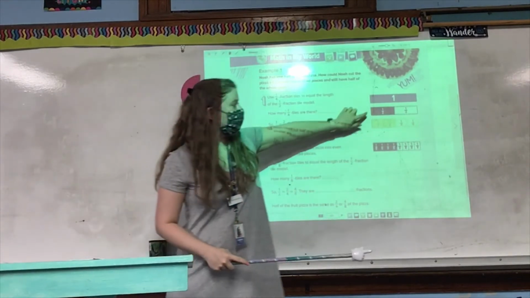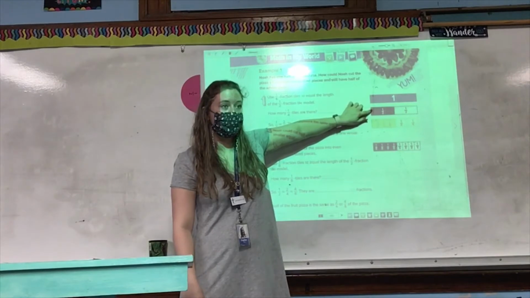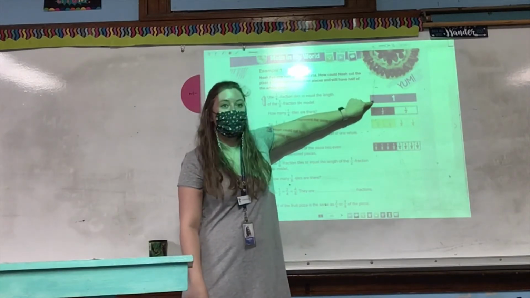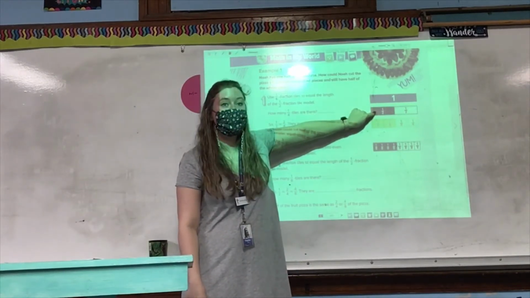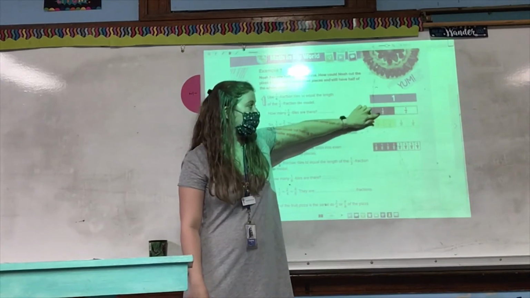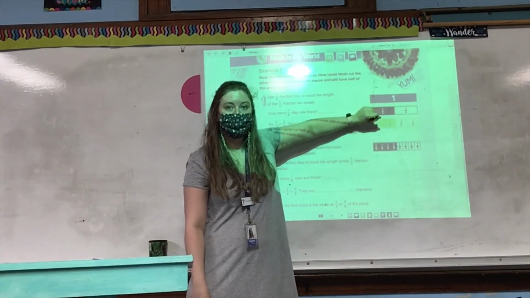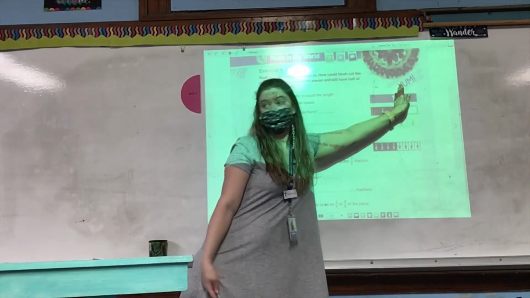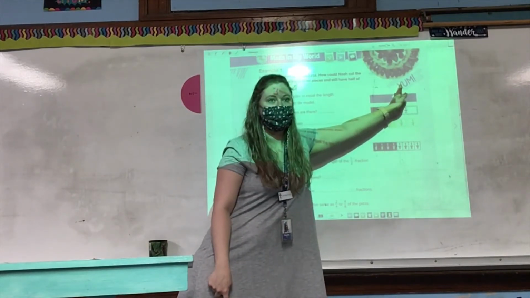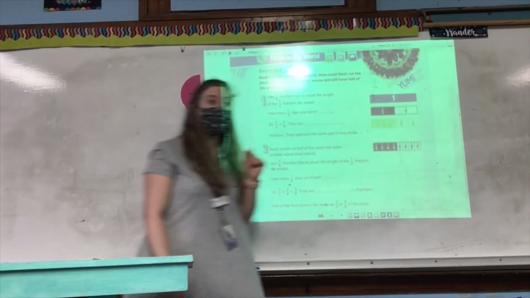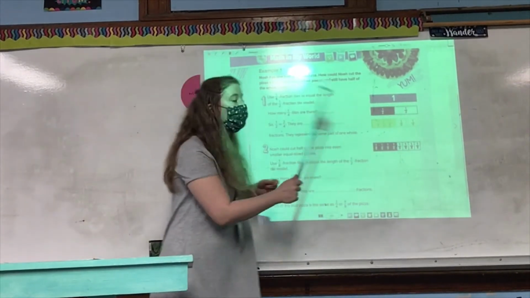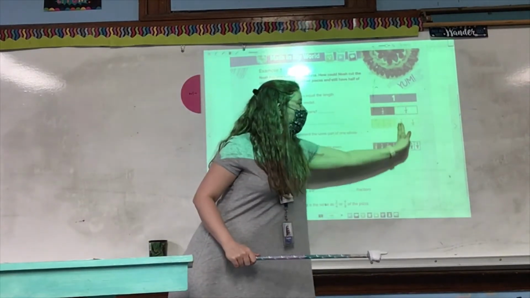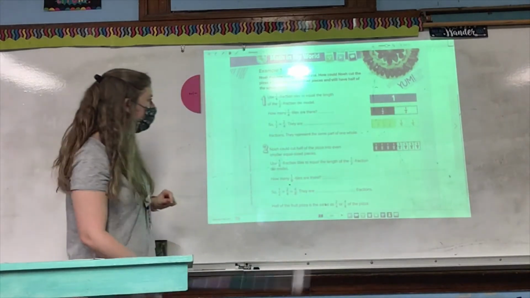So they took their 1/2 fraction tile to compare it to the whole. Because we want to make sure that our other fractions take up the same amount of the whole. So this 1/2 takes up half of the whole. Yeah, that's why it's called 1/2. Well, let's see what other fraction tiles we can use to also make up half of the whole.